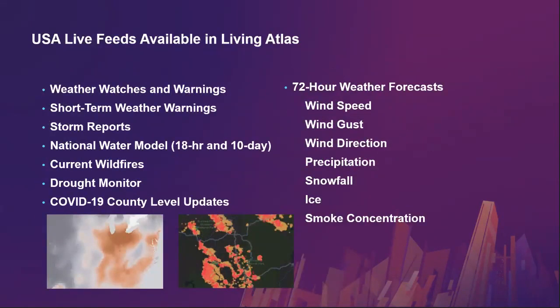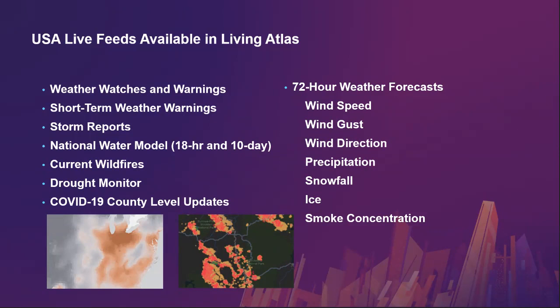We also have a wide range of US specific data for live feeds. Again, these are just a few examples, but essentially it's mainly for emergency management, disaster response, as well as anything that can benefit the public. We pull a lot of information from the National Weather Service, and that's made freely available for the United States.